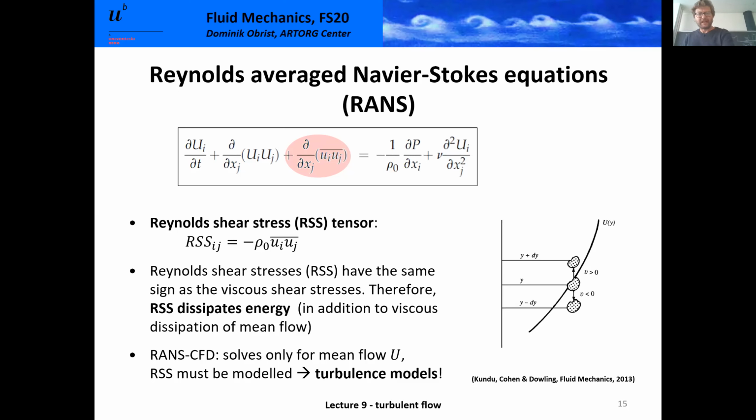And that's a term we actually do not know beforehand. This is what is called an unclosed term.